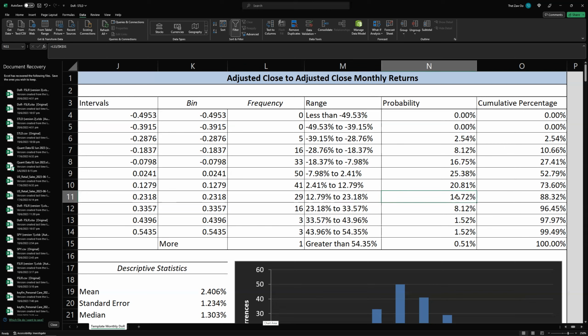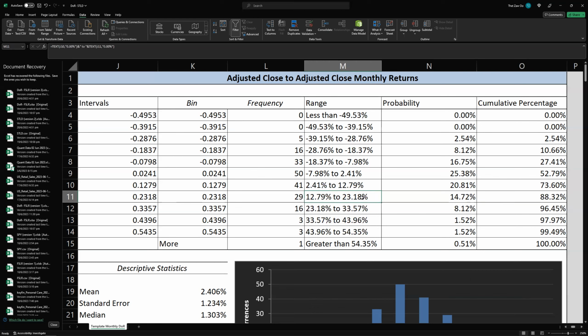But if I want to look at the probability of First Solar returning 23.18 or lower, then we look at the cumulative, 88% of the time.